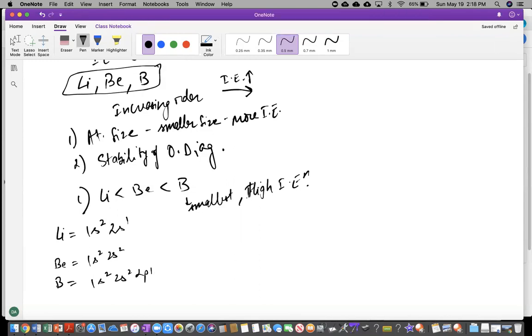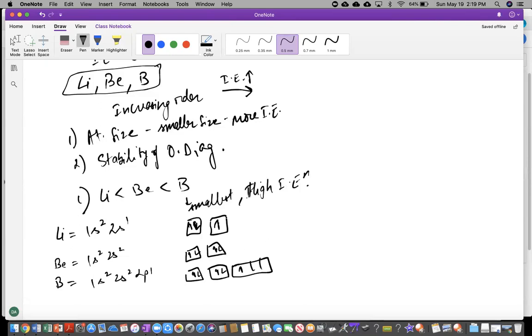So lithium is doing this, beryllium is doing this, and boron is doing this.